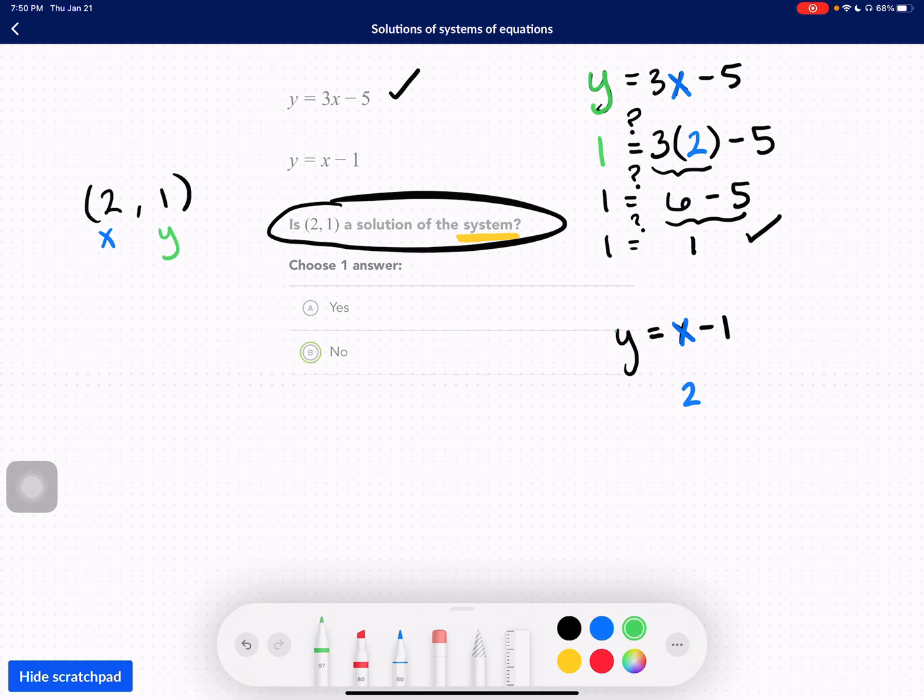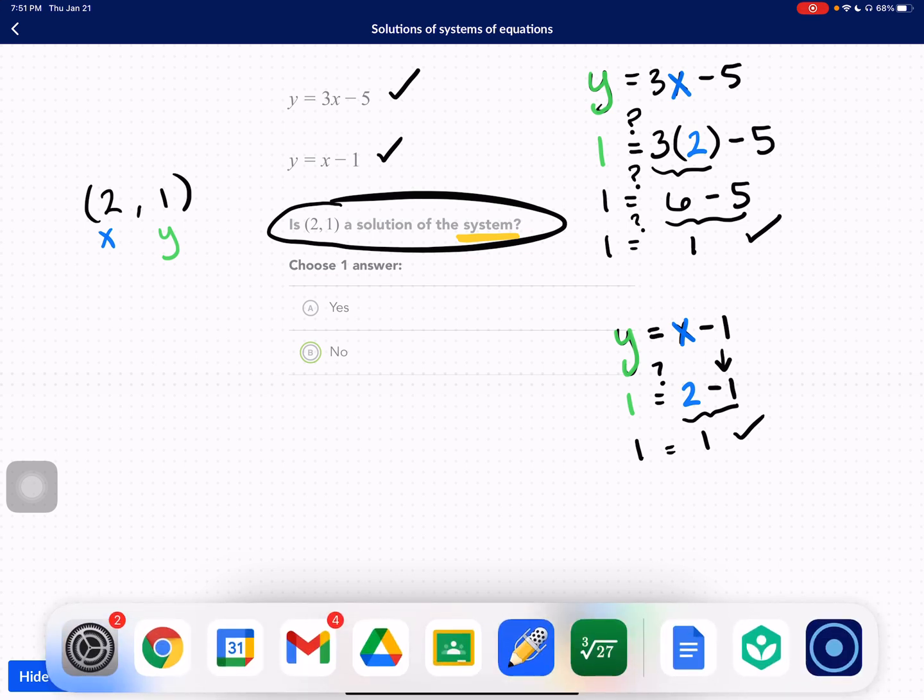And for the y, we have to plug in the 1 to see if that works. So we want to see, okay, is 1 equal to 2 minus 1? Well, 2 minus 1 is 1. They are equal. Okay, so this one also worked for that point. So your answer here would be yes, they are. It is a solution of the system.